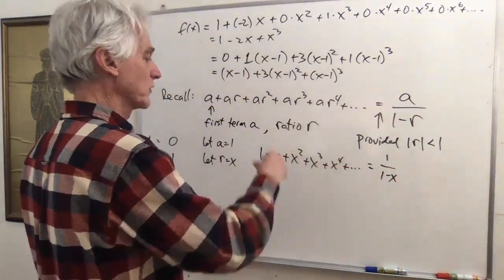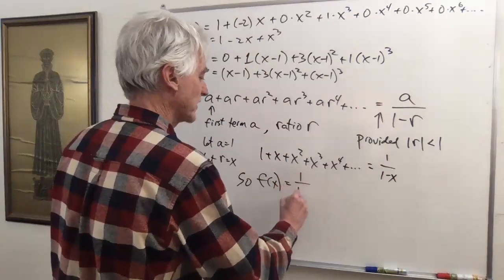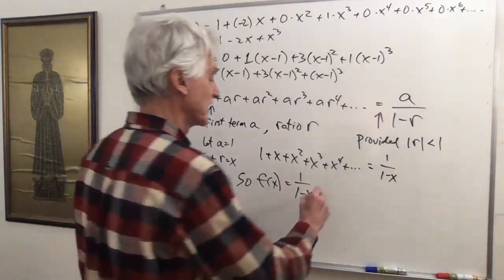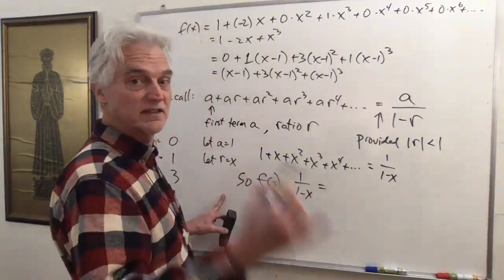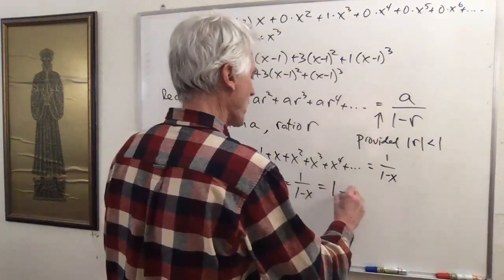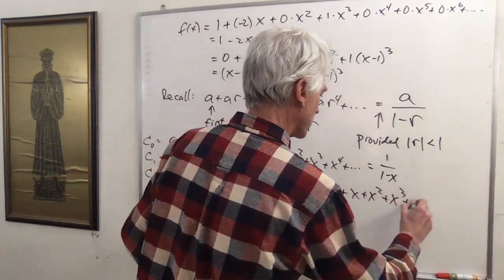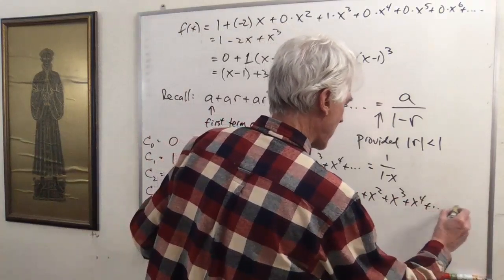So in fact, if I turn this around, that means that if f of x is 1 over 1 minus x, that has the Taylor series, or the Maclaurin series, 1 plus x plus x squared plus x cubed plus x fourth plus dot dot dot. Right?